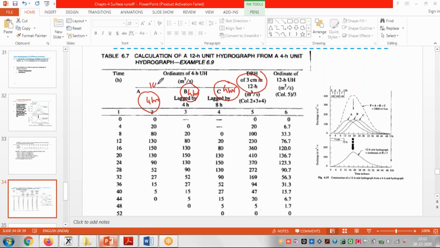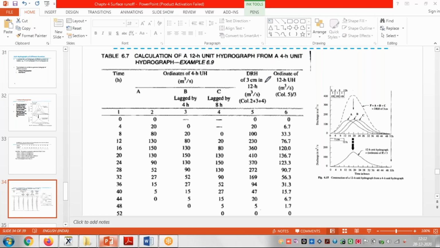See, this is because of 1 centimeter rainfall, this is because of 1 centimeter rainfall, and this is also because of 1 centimeter rainfall. So 4 plus 4 plus 4 becomes 12 hours. Similarly, 1 centimeter plus 1 centimeter plus 1 centimeter gives a 12-hour ordinate, but because of 3 centimeter rainfall.